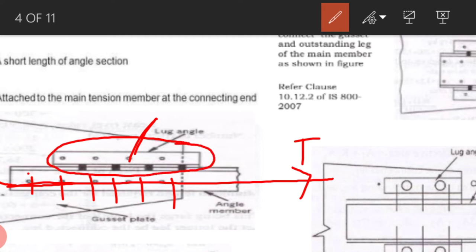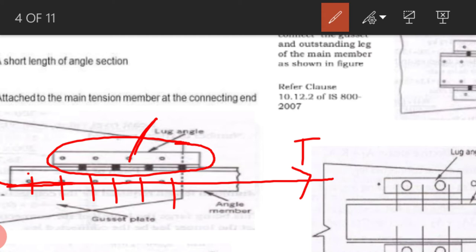And at some point the designers thought that providing a lug angle was slightly eccentric, and also that lug angles may lead to uneconomical design. These lug angles nowadays are being eliminated by providing unequal angle sections with the wider leg connected to the gusset plate, and by providing two rows of bolts in a staggered manner.